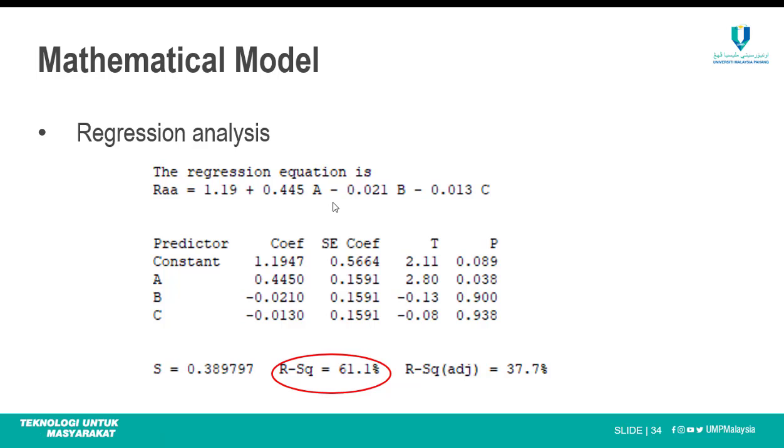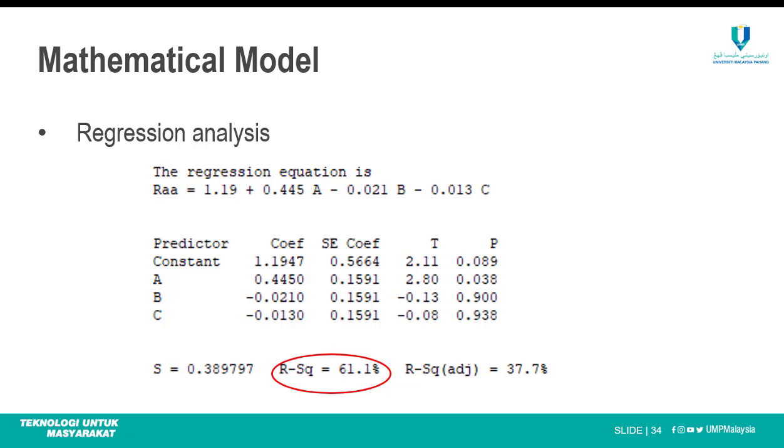Maybe only around 60% of the data are located on the regression line here, so the model is not really accurate. When we obtain a value lower than maybe 75%, normally we need to do something in order to improve the accuracy of the model.